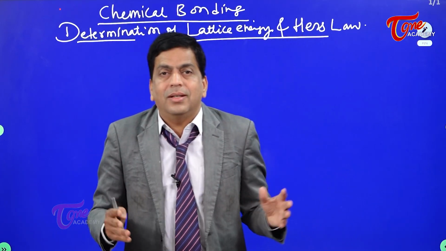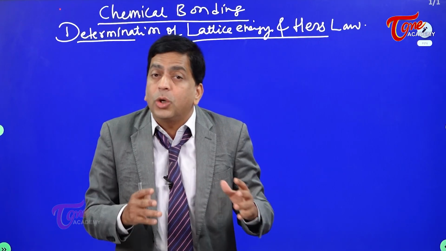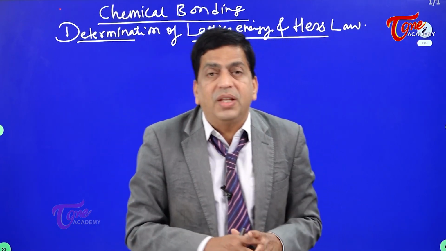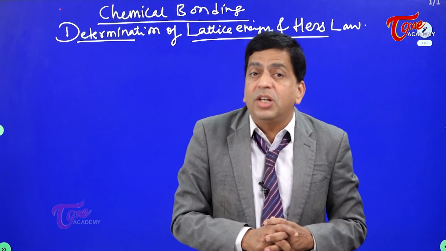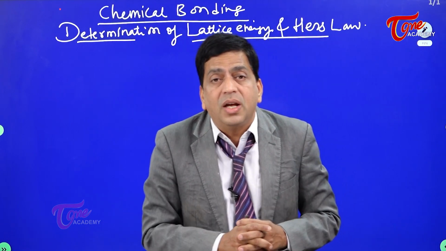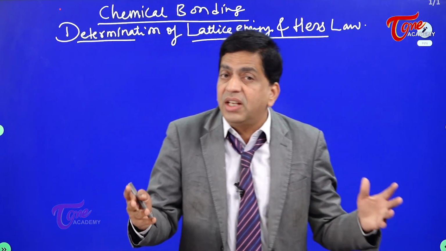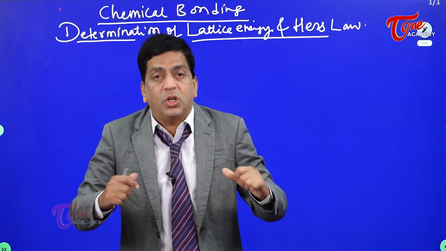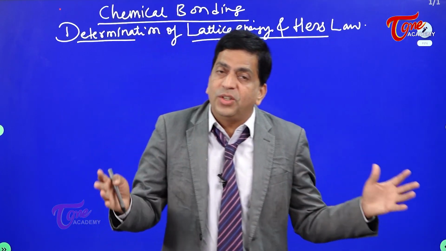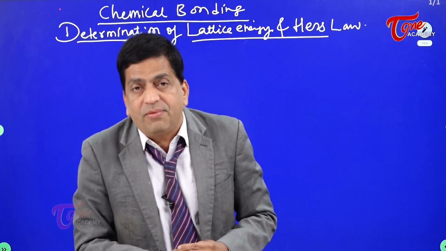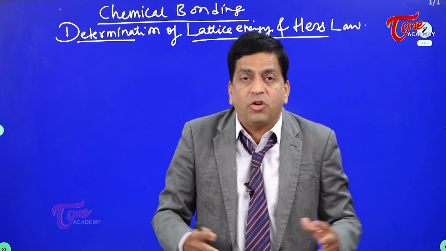So why all this discussion has cropped up is simply because ionic substances are solids. They attain specific shapes, and each ionic substance will be having a specific shape, and those shapes are not our choice. They are sitting in their positions because they are comfortable having minimum repulsions and maximum attractions.